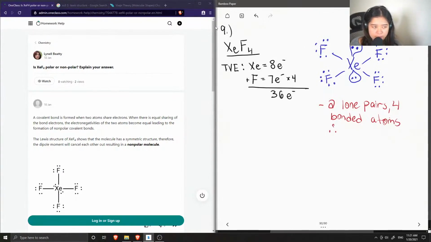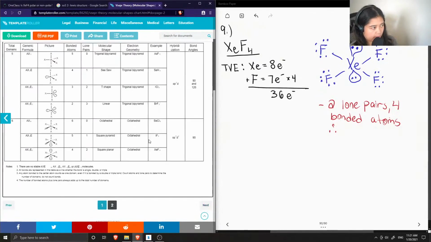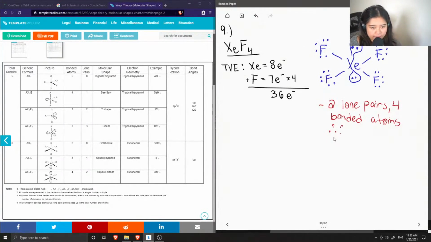So now let's use a VSEPR chart to find out the type of molecular shape we have. So we have 2 lone pairs and 4 bonded atoms. So this is on the next page. So when we have 2 lone pairs and 4 bonded atoms, we have a square planar molecular shape.